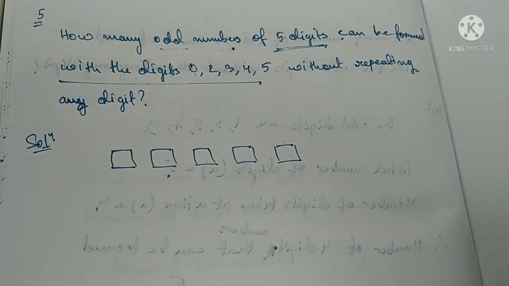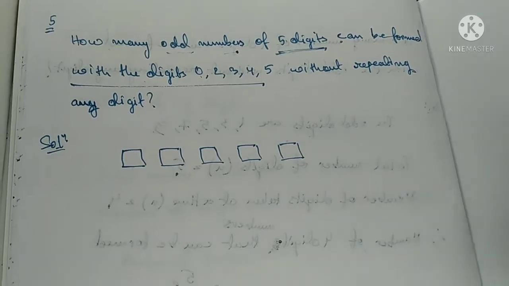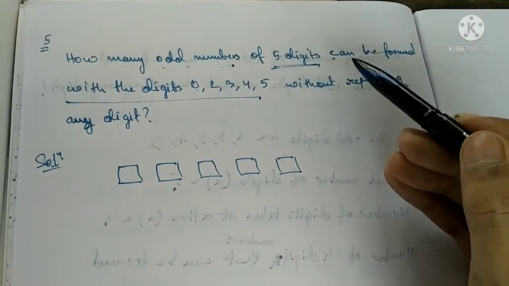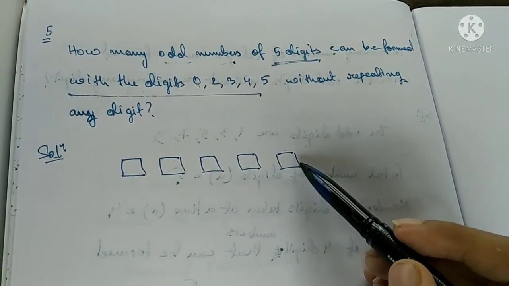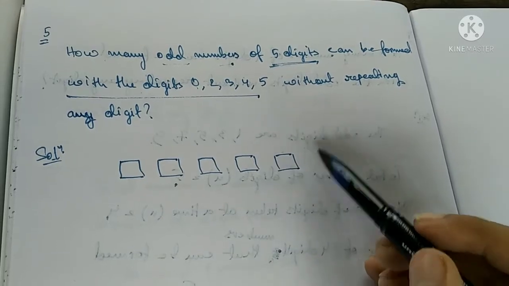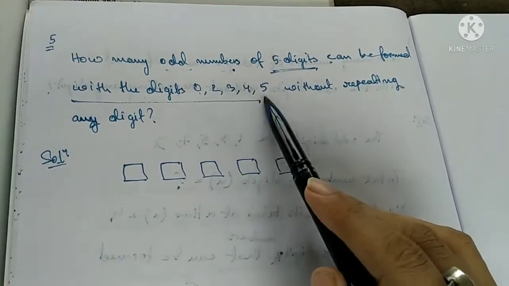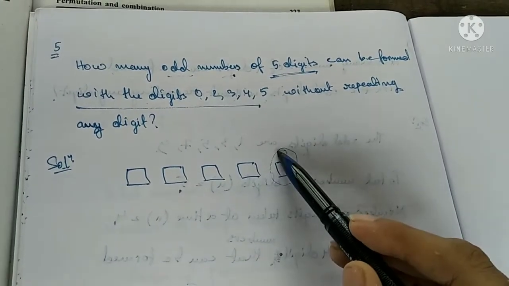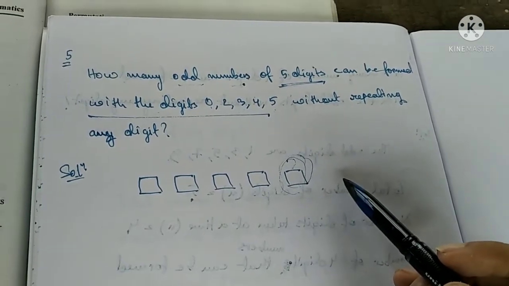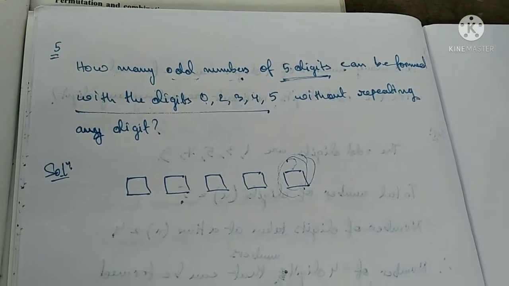Since this 5-digit number is an odd number, in the units place, what type of digits might come? Either 3 or 5. So the units place can be arranged in 2 ways.